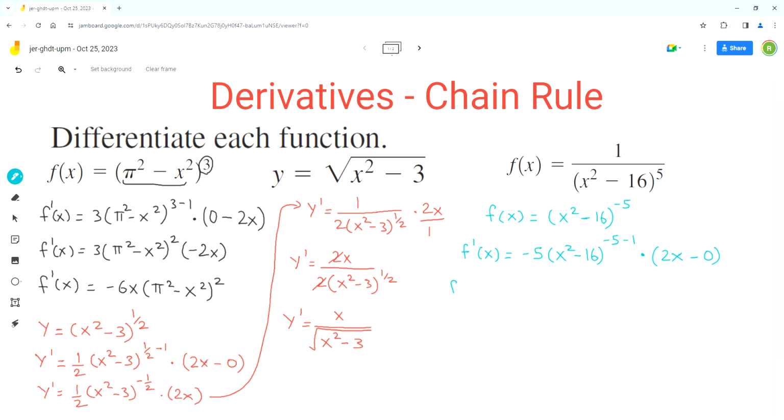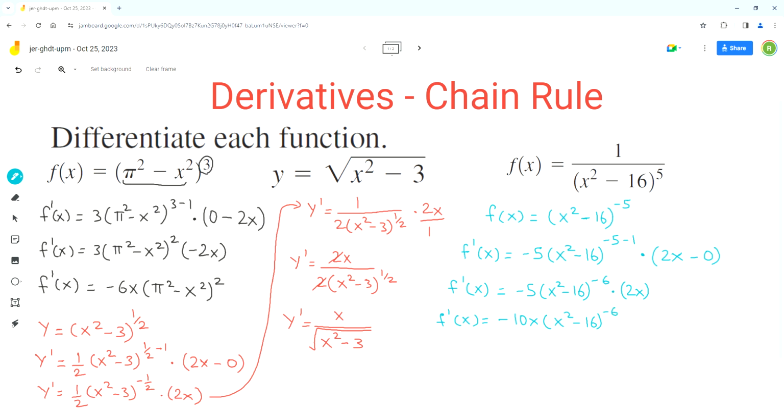Now we can simplify this expression. So f prime of x equals negative 5 and then (x squared minus 16) exponent negative 6 and times 2x, because 2x minus 0 is equal to just 2x. Now we can multiply negative 5 by 2x, so we get f prime of x equals negative 10x times (x squared minus 16) exponent negative 6.